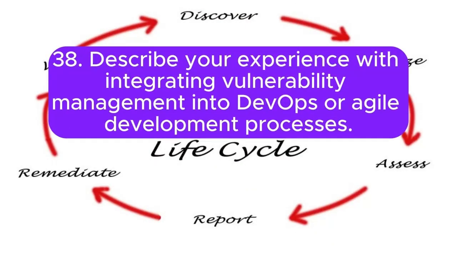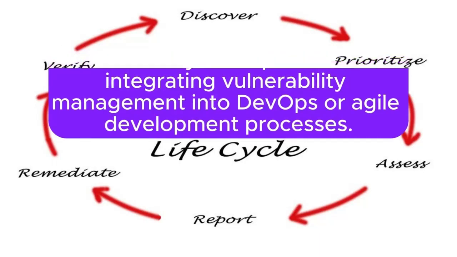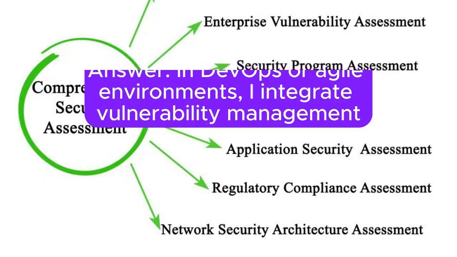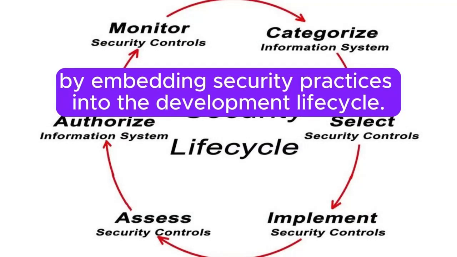38. Describe your experience with integrating vulnerability management into DevOps or Agile development processes. Answer: In DevOps or Agile environments, I integrate vulnerability management by embedding security practices into the development lifecycle.